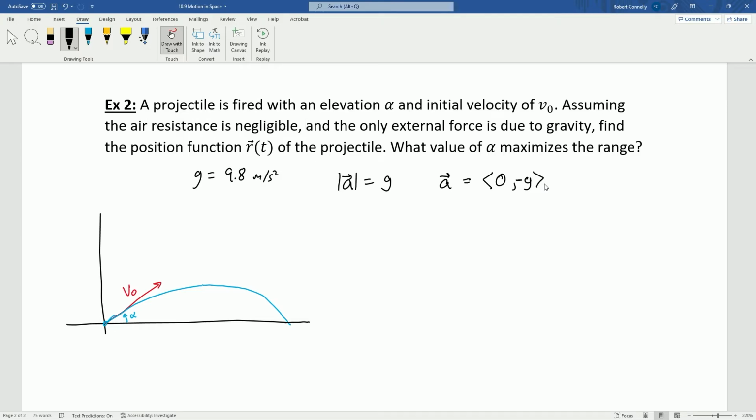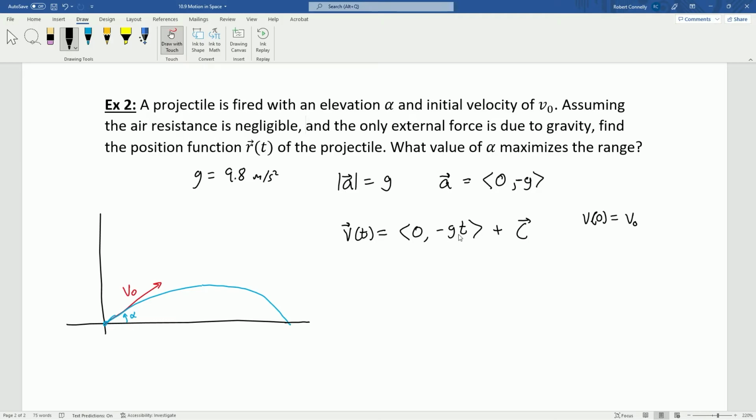Okay, so then what's the velocity vector going to be? So v of t. Well, we integrate each component. We get 0, negative g times t, plus some constant. But we know that v of 0 is v naught, right?